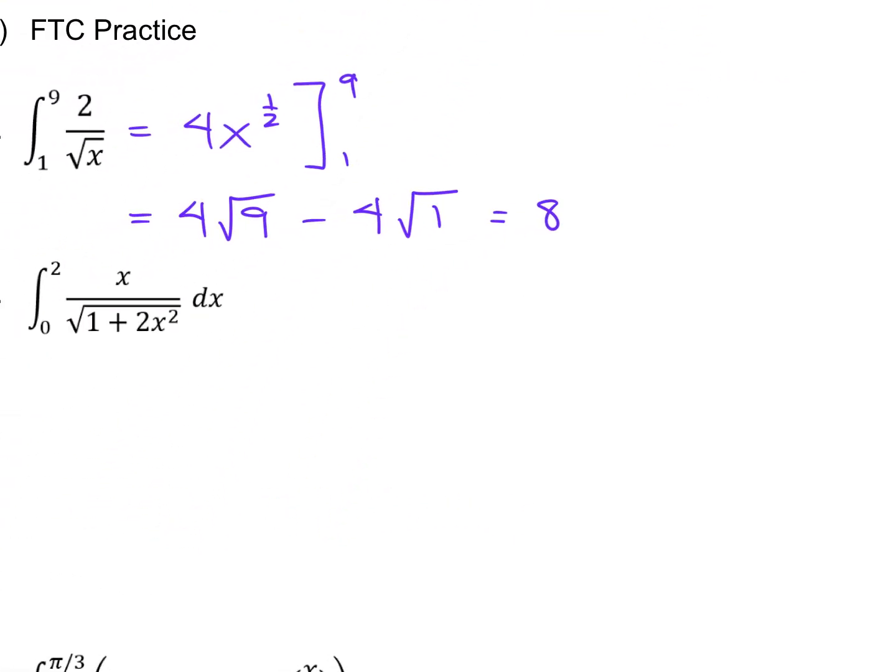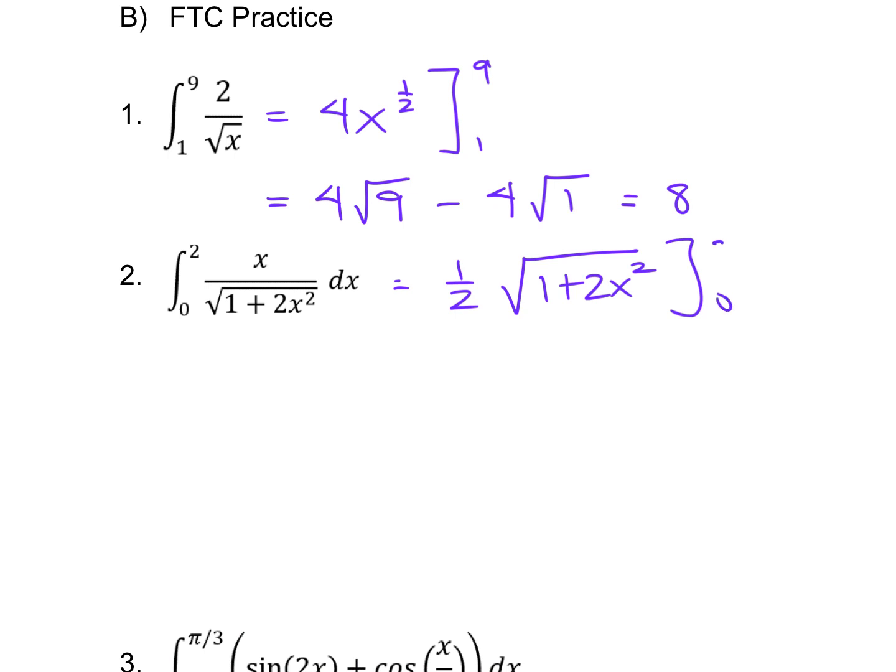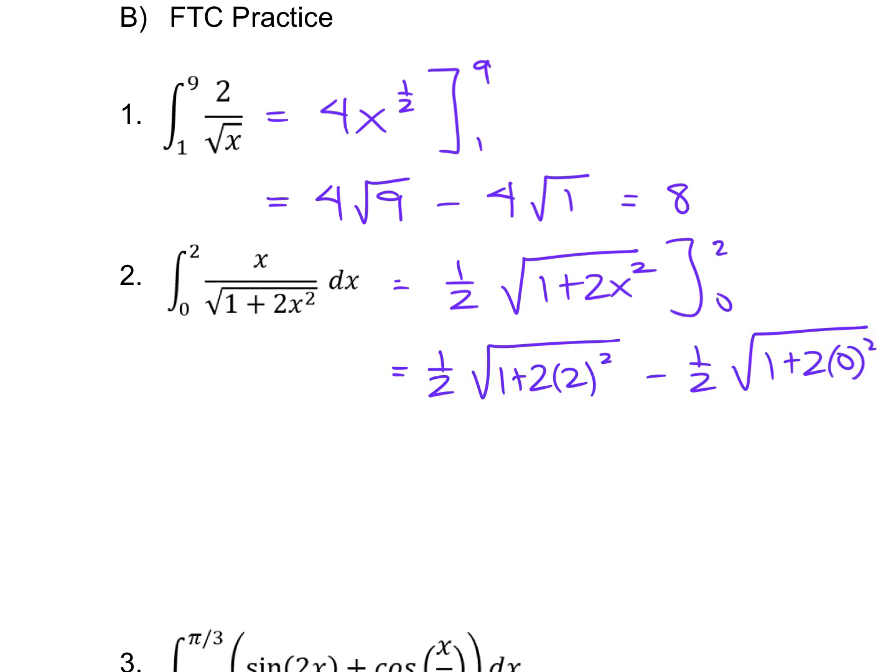So I can immediately say that this is going to be 1/2 square root of 1 plus 2x squared evaluated from 0 to 2. If you happen to have one of these that doesn't actually solve out nicely, or you feel like A, it's going to take a lot of time to solve it out, or B, you might get it wrong because it's super tricky to solve out, in an AP style test, you would be fine leaving this as your answer.